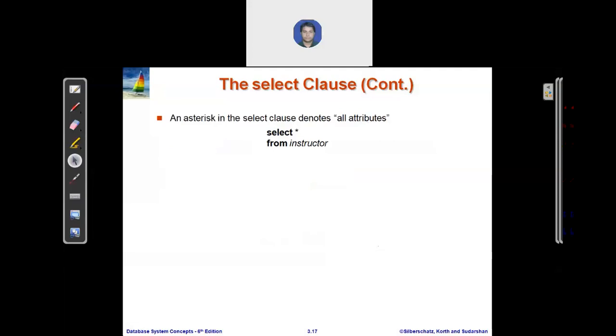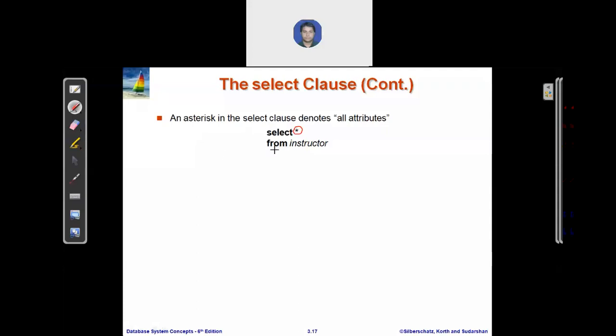Suppose you want to retrieve all the columns of the table. You can write all the column names in the select clause, or you can write an asterisk. If you write the asterisk, it will include all the columns in your resultant table.